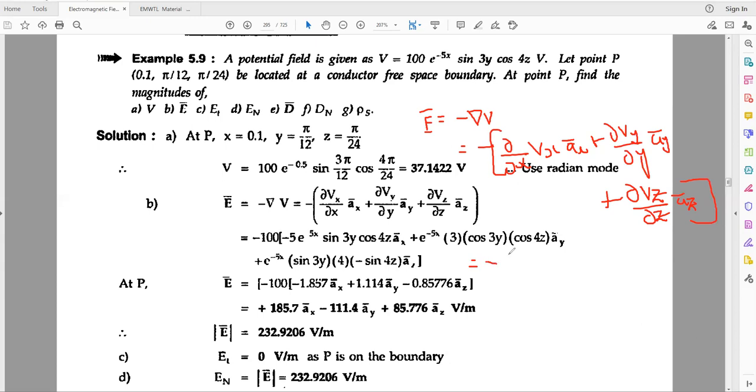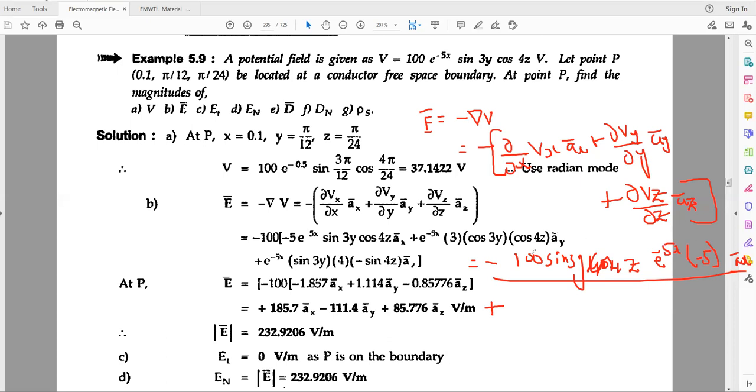So the first term is 100 sine 3y cos 4z, which is constant, and e power minus 5x into minus 5, is the Ax bar coefficient.